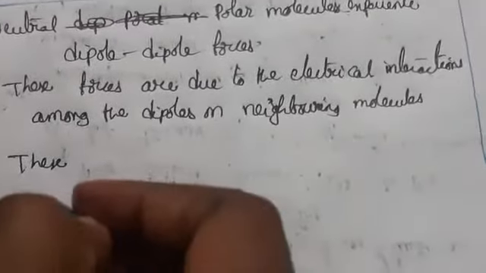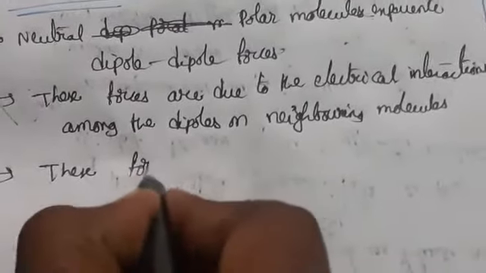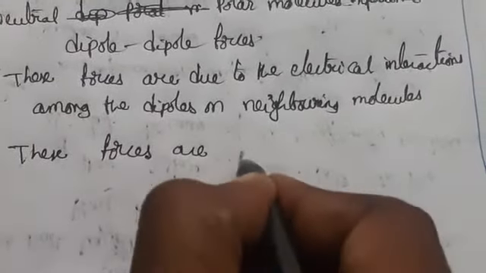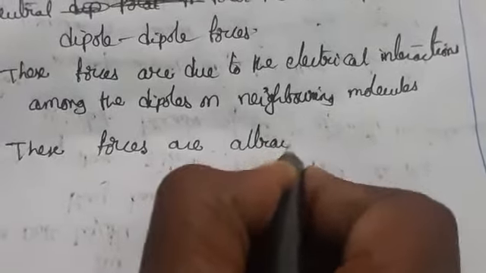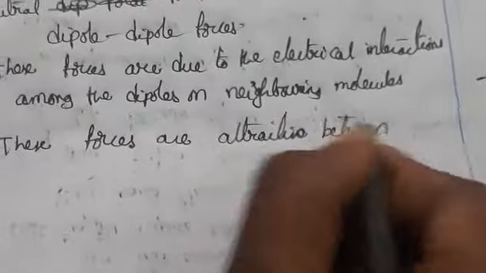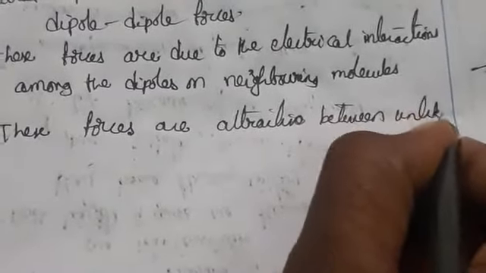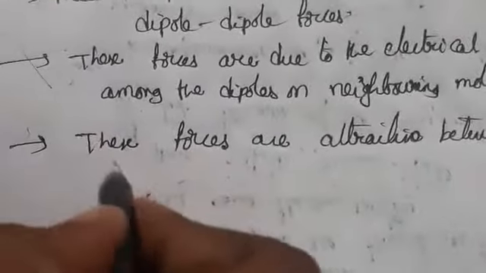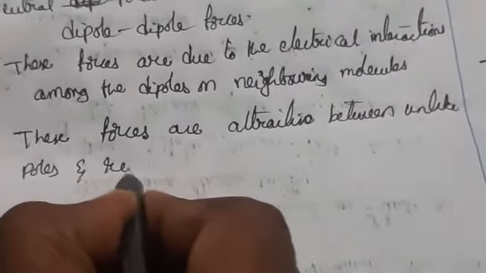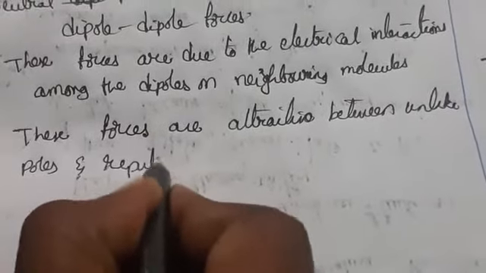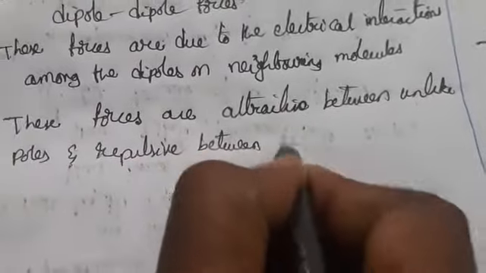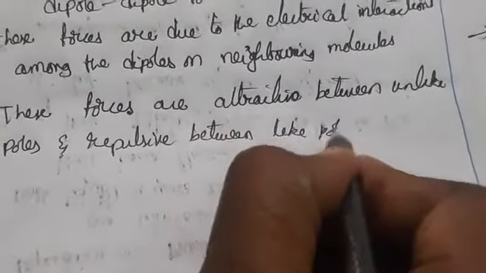These forces are attractive between unlike poles, unlike charges, and repulsive between like poles.